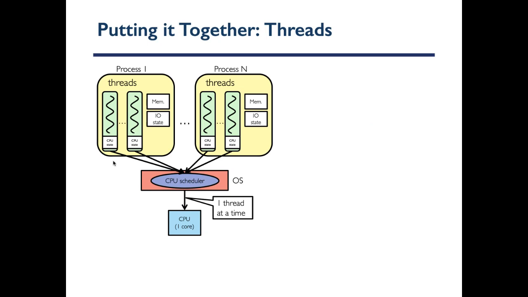Now let's step up the game. Let's now consider processes with multiple threads. In this case, each one of those threads has its own CPU state. So we basically took away that CPU state that was in the process.